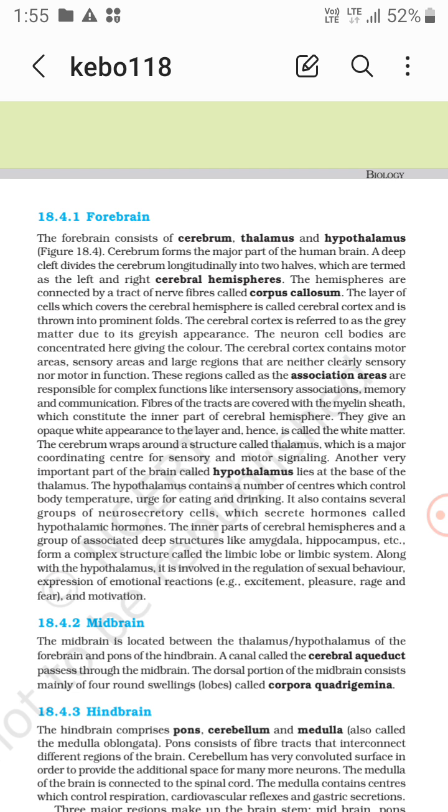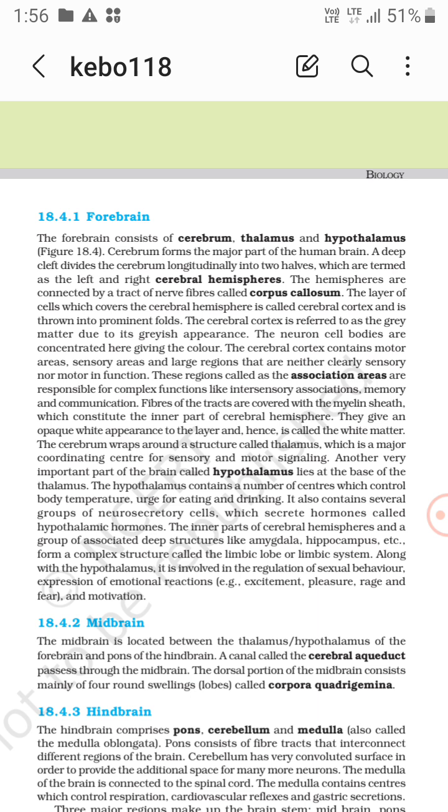The layer of cells which covers the cerebral hemisphere is called the cerebral cortex, and is thrown into prominent folds. The cerebral cortex is referred to as the grey matter due to its greyish appearance. The neuron cell bodies are concentrated here, giving the color.